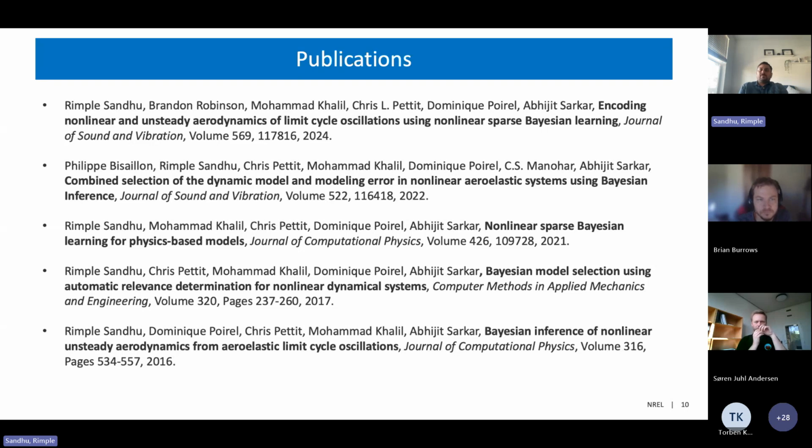Some of the publications are after I left and came to NREL, and my publications for my PhD were published later. So if you need more information, I encourage everyone to read these papers. It's basically trying to do Bayesian inverse modeling and perfect this for situations where you don't have much data and you don't want to do high fidelity simulations.